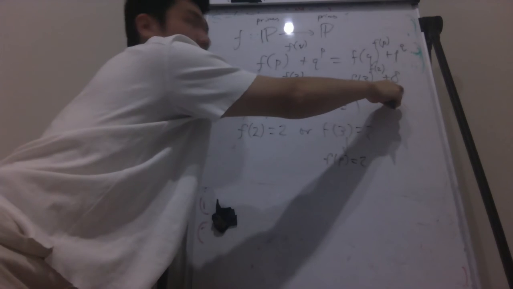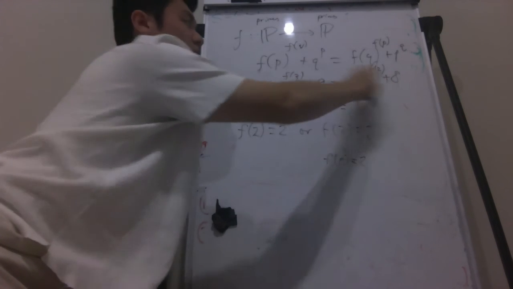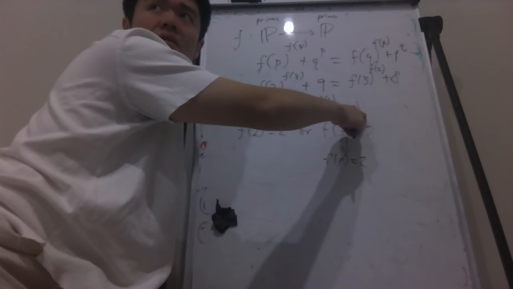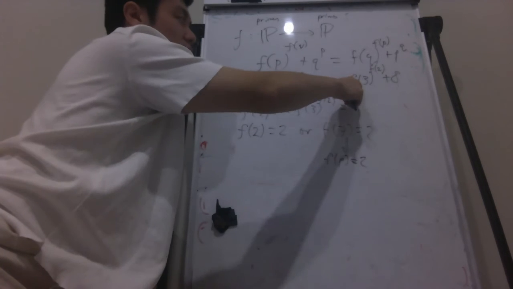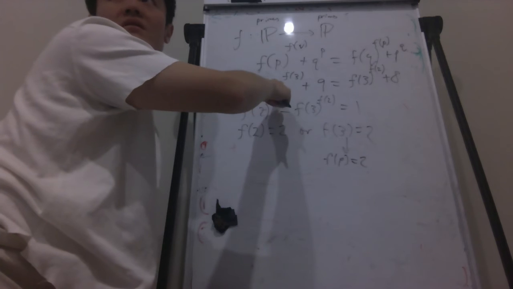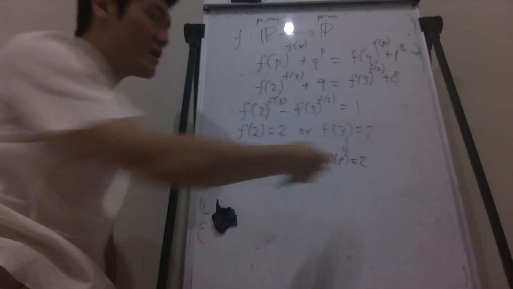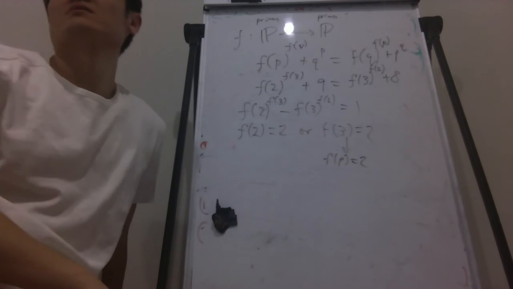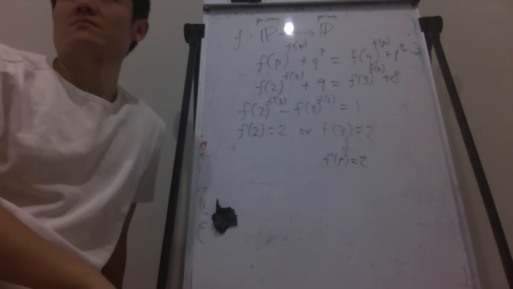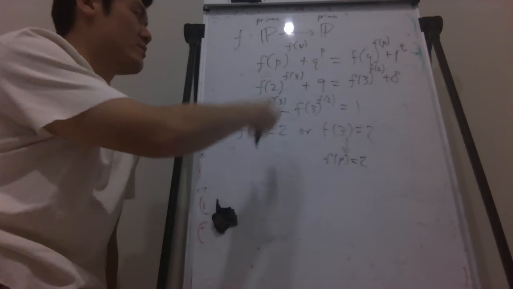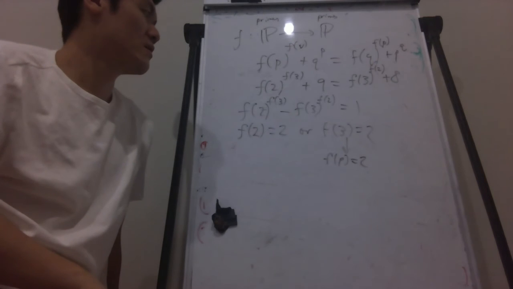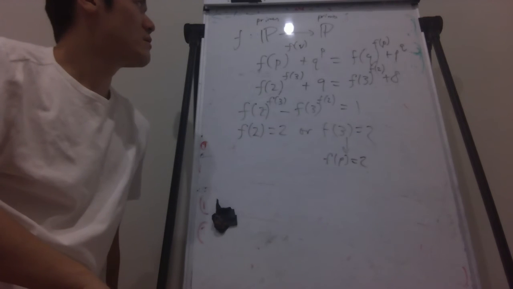But if you put odd only, you get even here. And if that's even too, then the other one has to be even, whatever you put. The only even prime is 2. So for everything that's not 2, f of p equals 2, and then f of 2 equals something odd, which means that's actually one of the solutions. F of 3 is equal to 2.